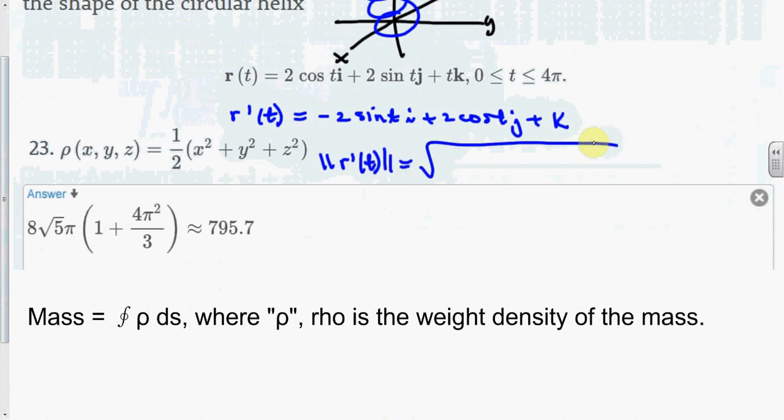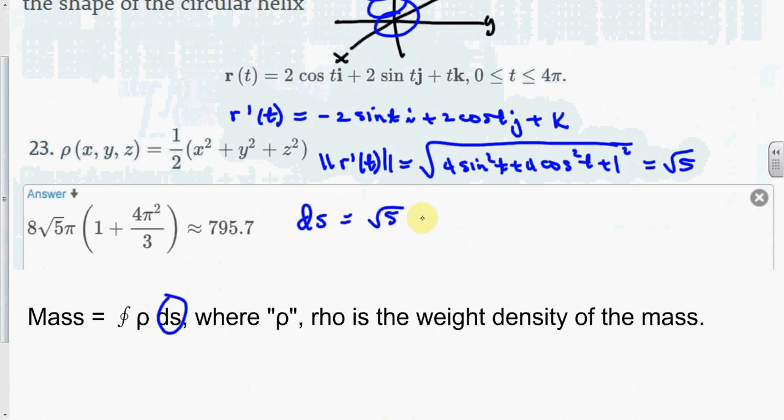This is the square root of 4 sine squared t plus 4 cosine squared t plus 1 squared. So it looks like the square root of 5. So ds will be the square root of 5 times dt. We're evaluating this integral from 0 to 4 pi. They give us that.